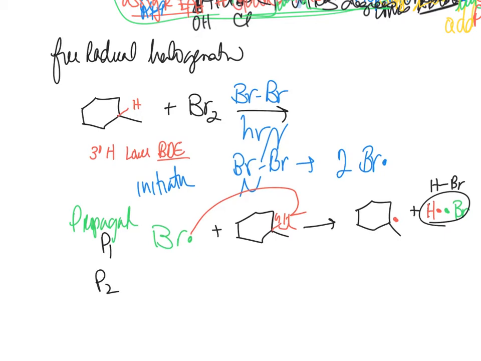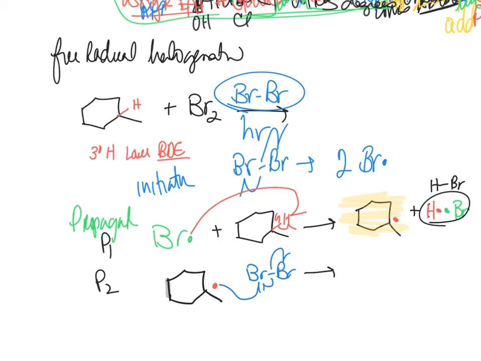Propagation step 2, your newly formed radical then comes down here and just copy that radical, and then it's going to react with another Br, and it's going to do the fish hook, and that is how you put a bromine on a molecule, and then you generate a new bromine radical.